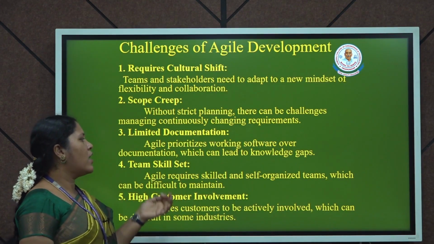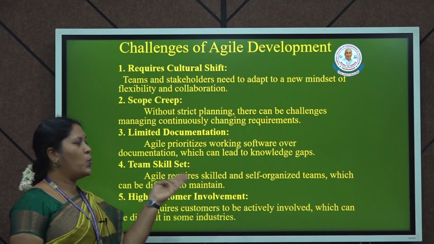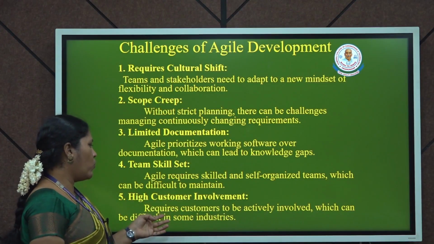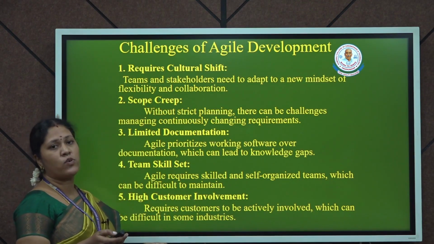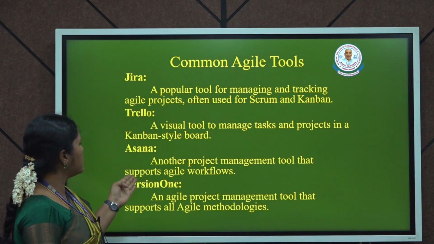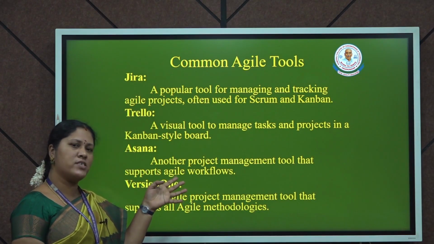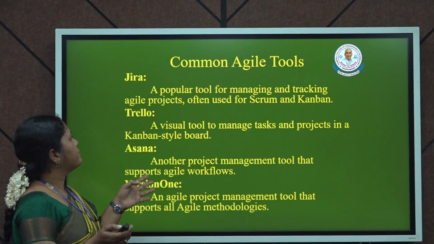Team skill set: Agile requires skilled and self-organized teams, which is difficult to maintain. And another one is high customer involvement, which requires customers to be actively involved. These are the challenges of Agile development. And common Agile tools are Jira, Trello, Asana and VersionOne. These are the common Agile tools we use nowadays, and there are more tools also for this development.